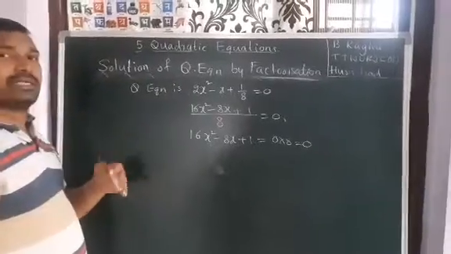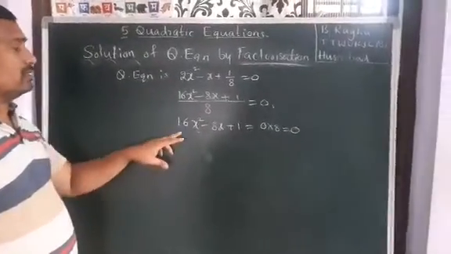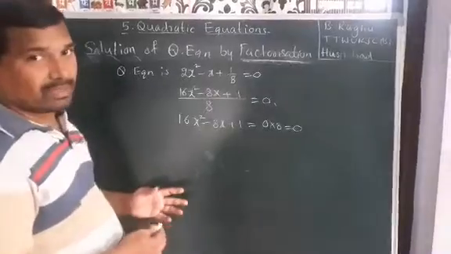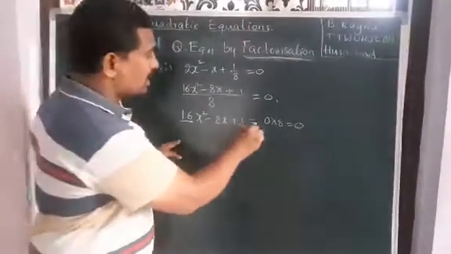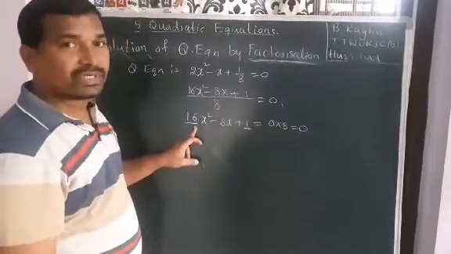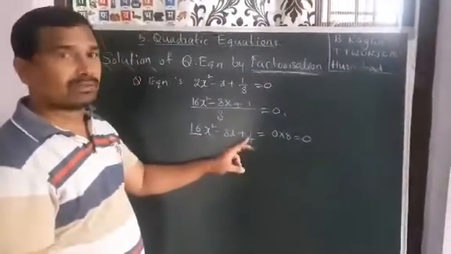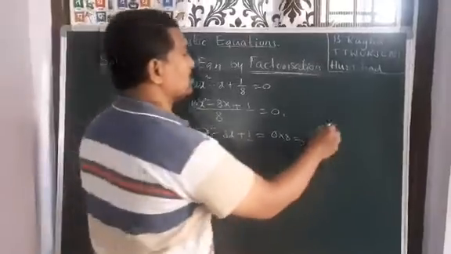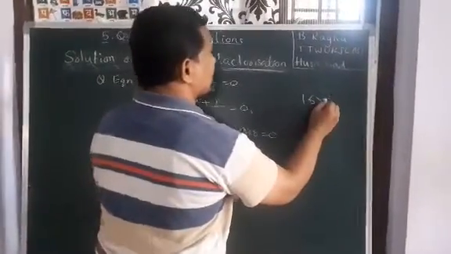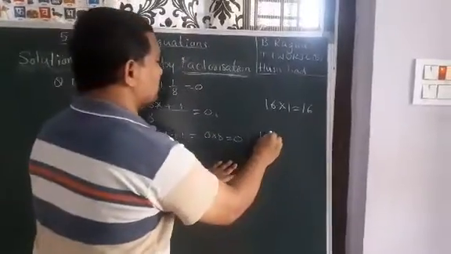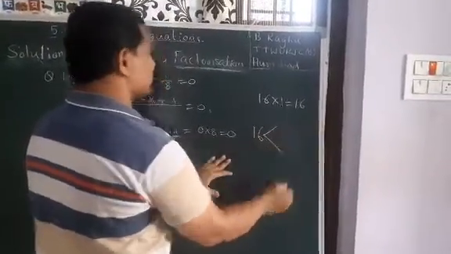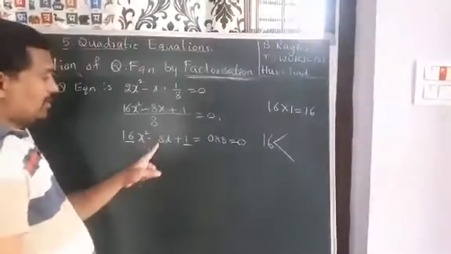Now let us go for the factorization method. What is the first step? The first step is x square coefficient times constant. The x square coefficient is 16, the constant is 1, multiply: 16 ones are 16. So select two factors of 16 whose sum should be minus 8.